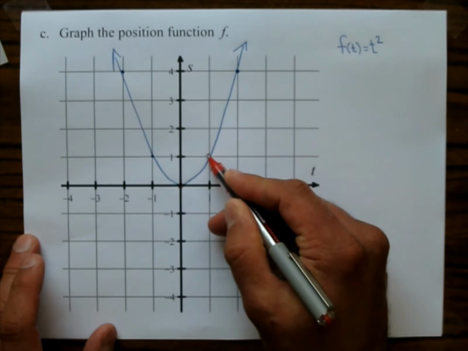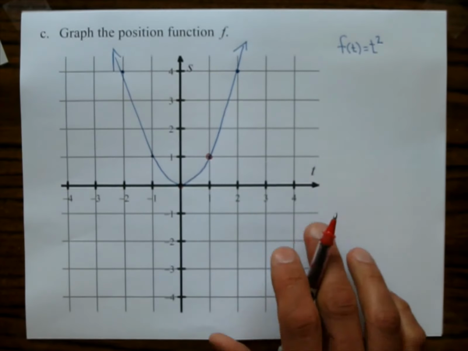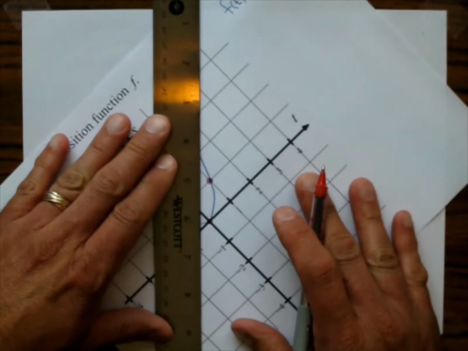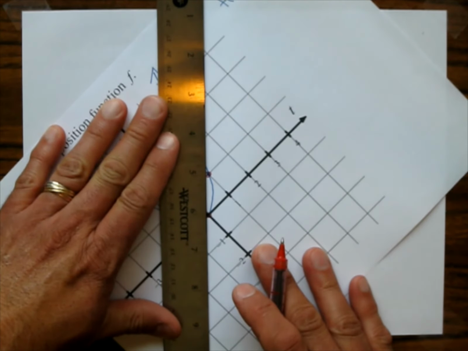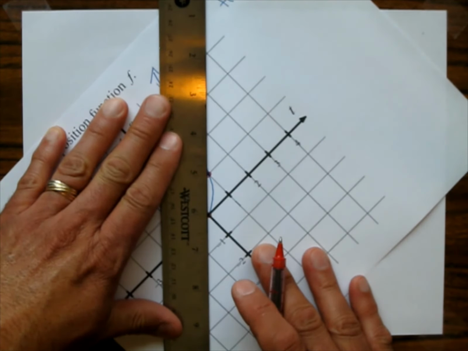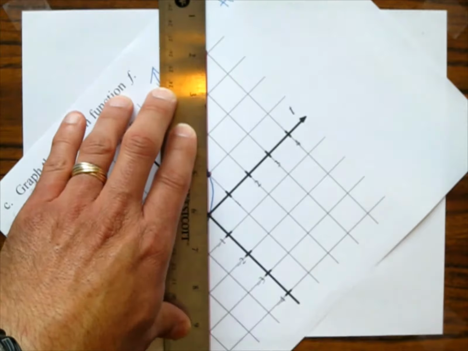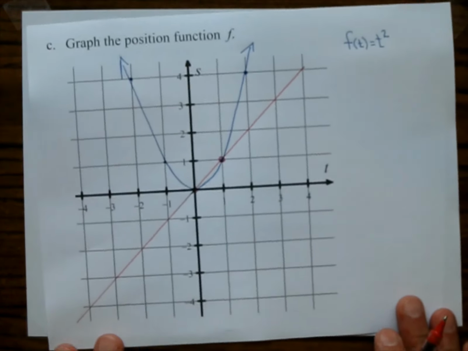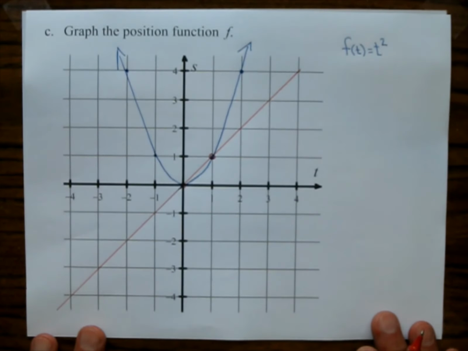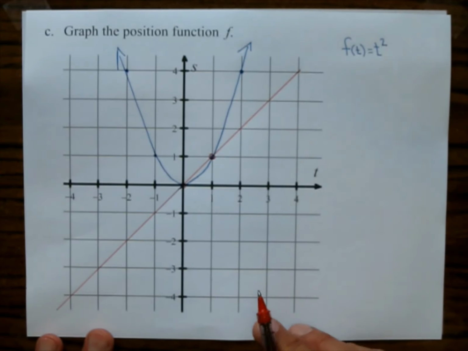I'm going to put a point right here. And I'm going to draw that line. I'm going to tilt the page so I can get a nice line here. And so there is the line they asked me to draw.